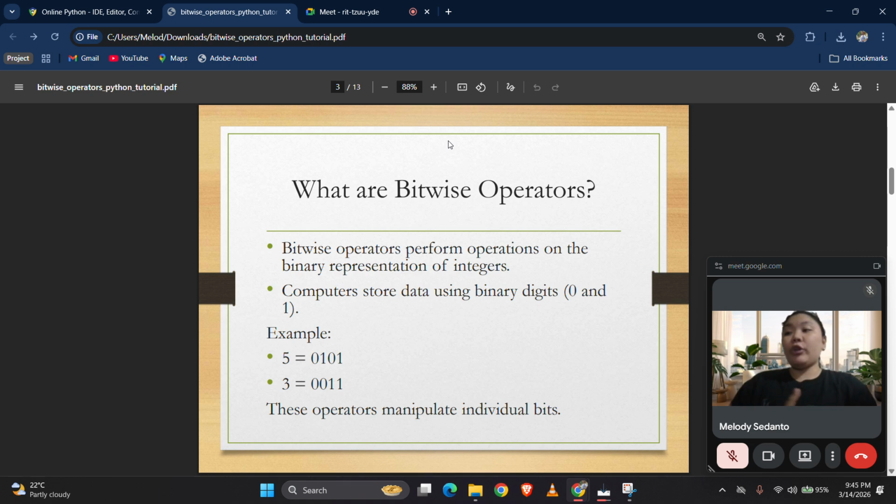Instead of working on the whole number like addition or subtraction, bitwise operators manipulate individual bits, which are either 0 or 1. In this tutorial, I will discuss the definition of bitwise operators, their different types, how they work, the Python demonstration, and their advantages and disadvantages.